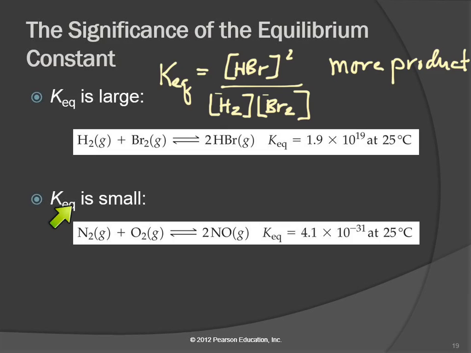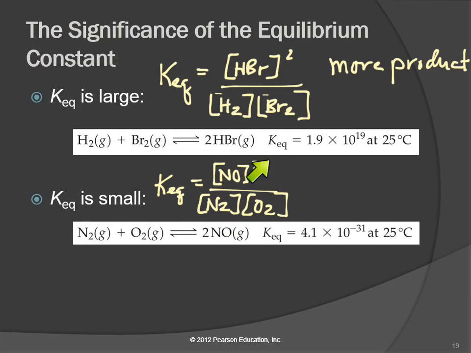If KEQ is small, for this reaction, KEQ is 4.1 times 10 to the minus 31. That is really small. A decimal point and 30 zeros before the 1. Well, the equilibrium expression for this is NO squared over N2 times O2.